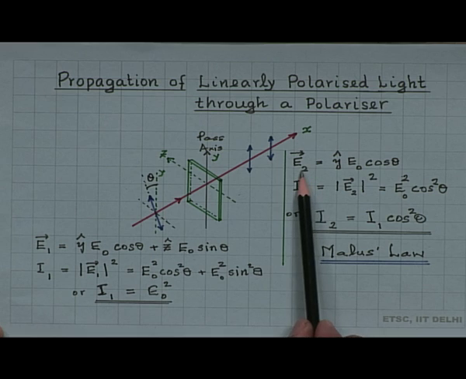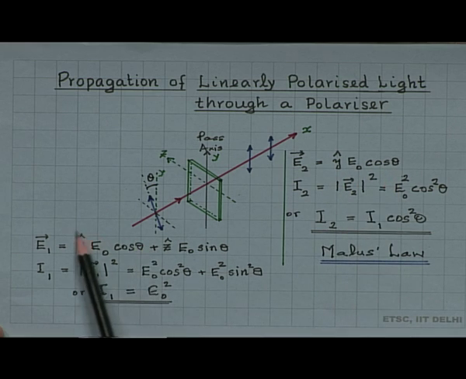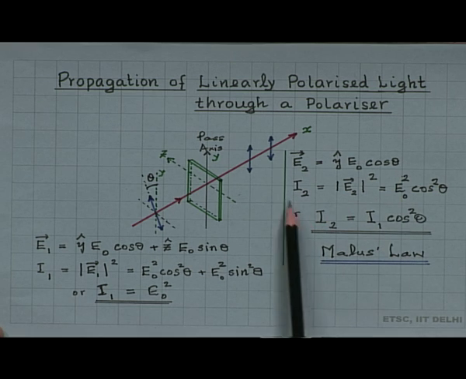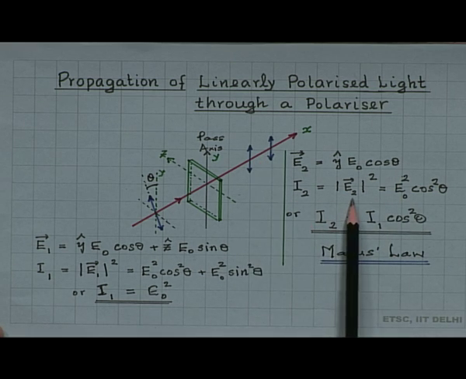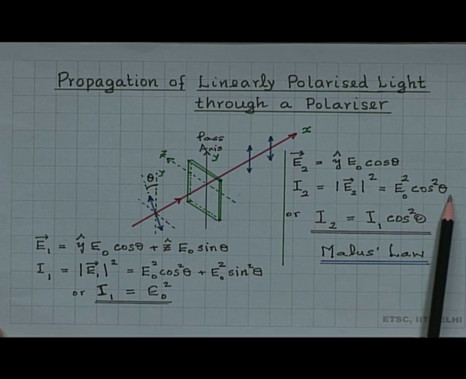And therefore, the electric field here, E 2, will comprise y cap E 0 cos theta, the first component only. The second component is along the z axis, therefore, it is blocked. Therefore, the intensity here will be mod E 2 square, which is equal to E 0 square cos square theta.